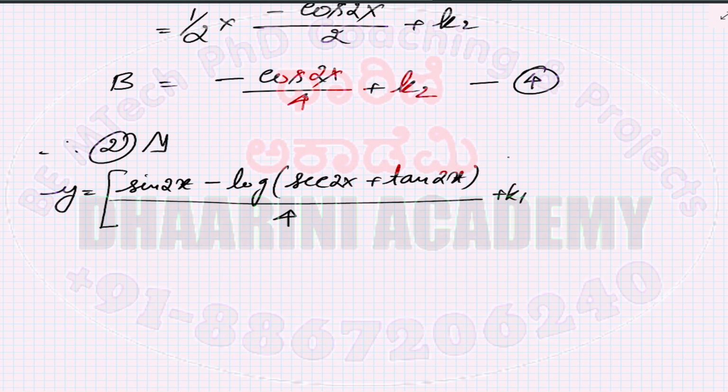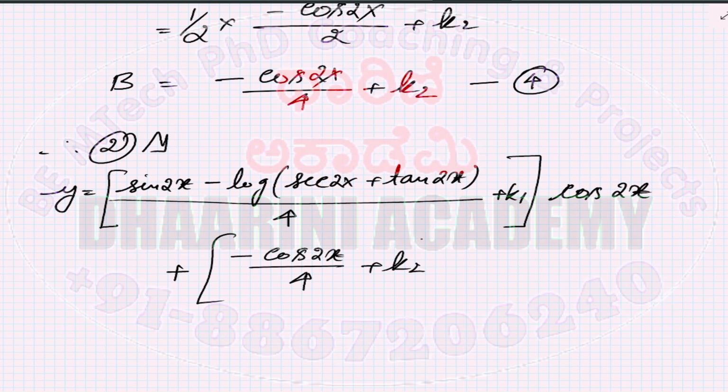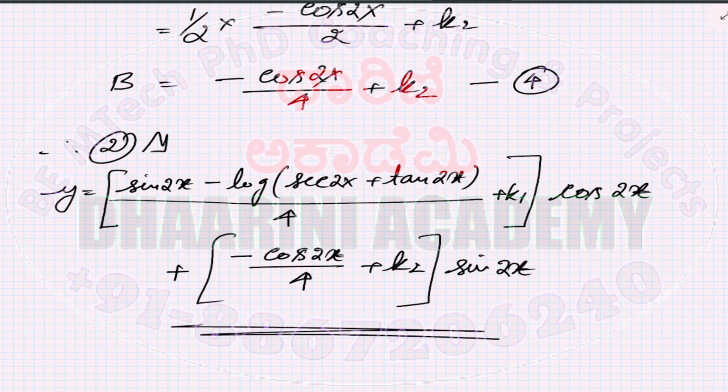This plus a constant k1 into cos 2x, plus I need to write b. So b is equal to minus cos 2x divided by 4 plus k2 into, sorry, not cos, it should be sine. This sine 2x is the final answer. Let's go to the next question.